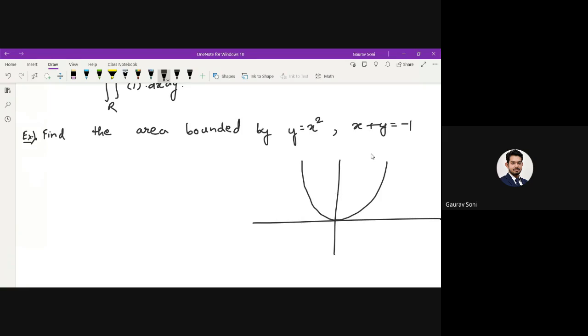Do they intersect? Let's change this equation. So x plus y is equal to 2.